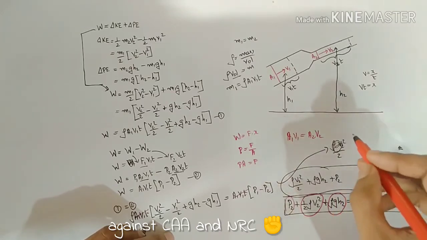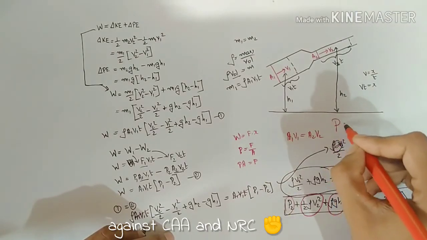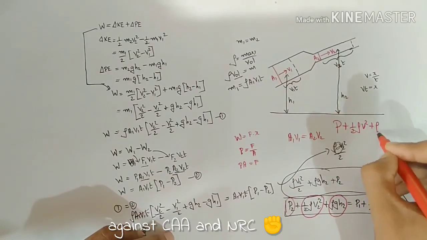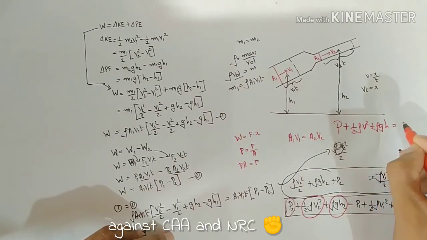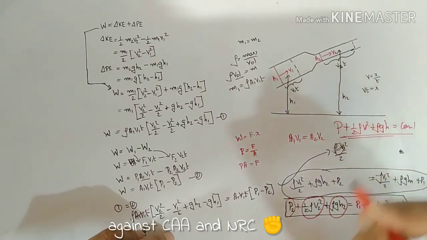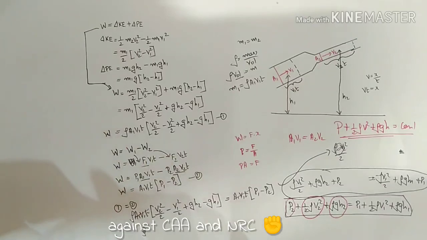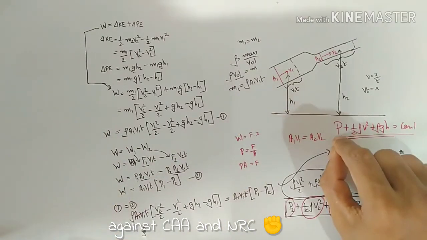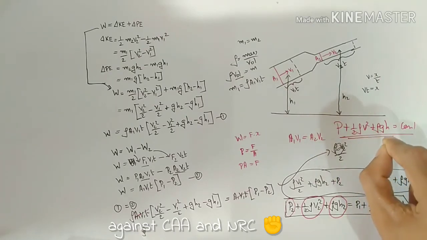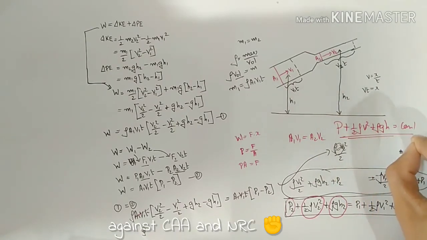I'll write it over here: P plus half rho V square plus rho GH is equal to a constant. This is our conclusion for Bernoulli's principle. Pressure plus kinetic energy per unit volume plus potential energy per unit volume should be a constant.